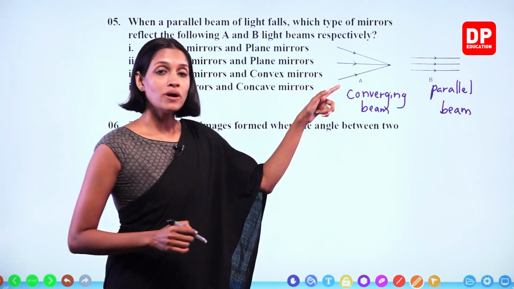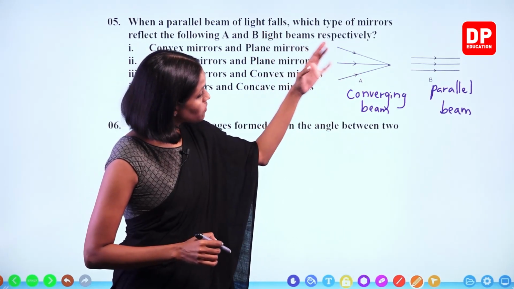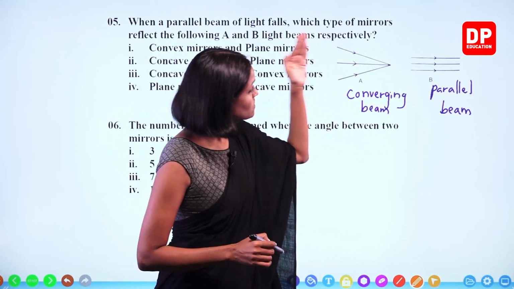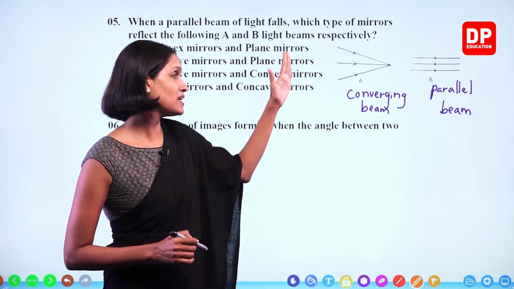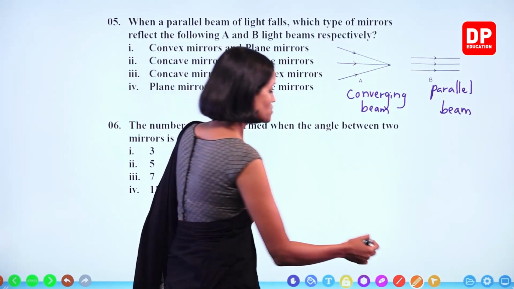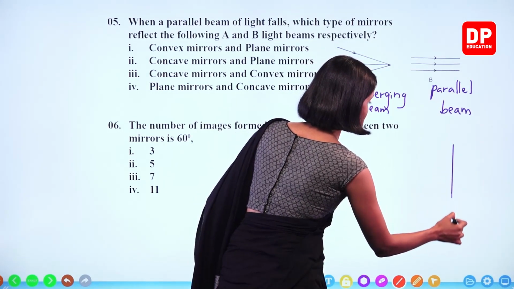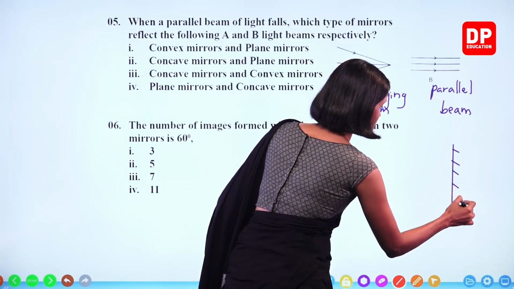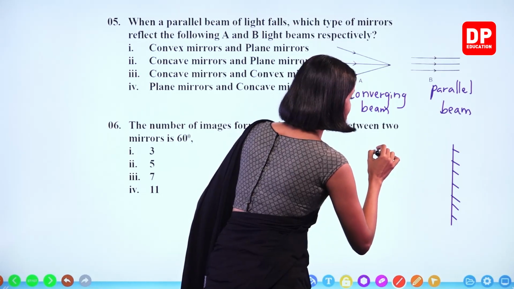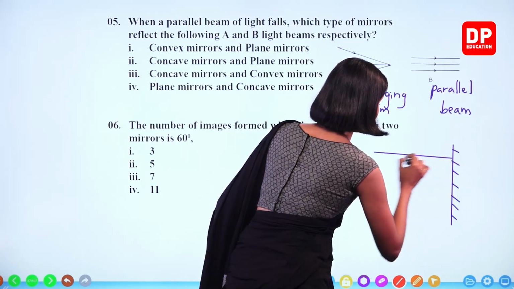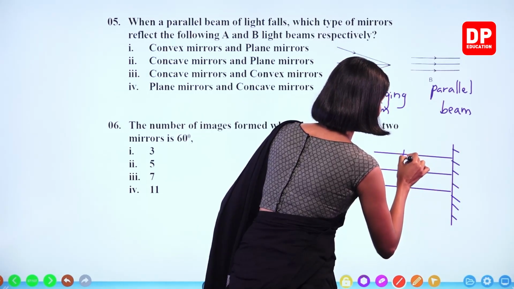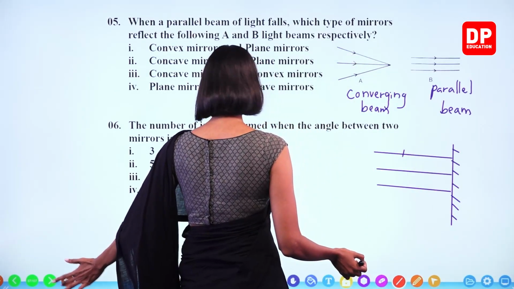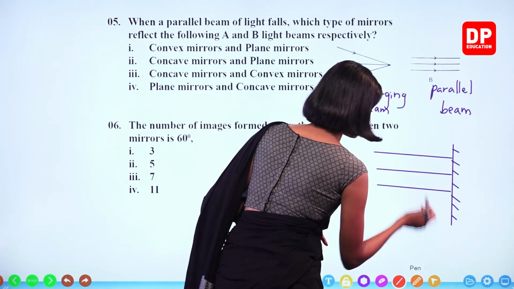Right? What about this? By which type of mirrors parallel beam of light is sent away as a parallel beam? That is the plane mirrors. Right? So, let's consider if this is a plane mirror. If a parallel beam of light falls on a plane mirror, remember children, after reflecting, it goes as it is, right?